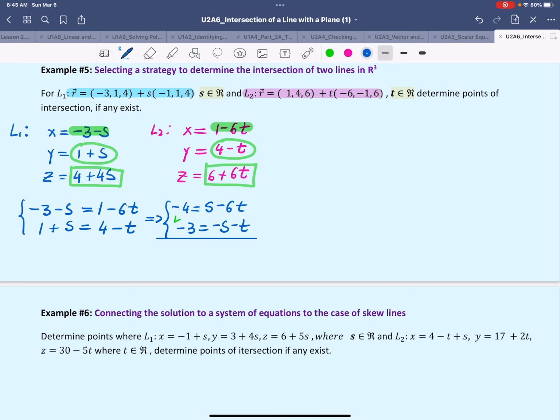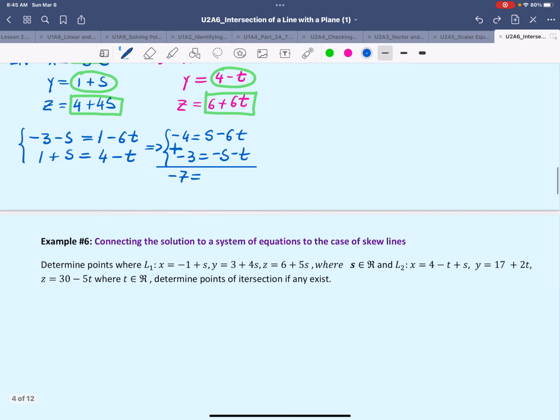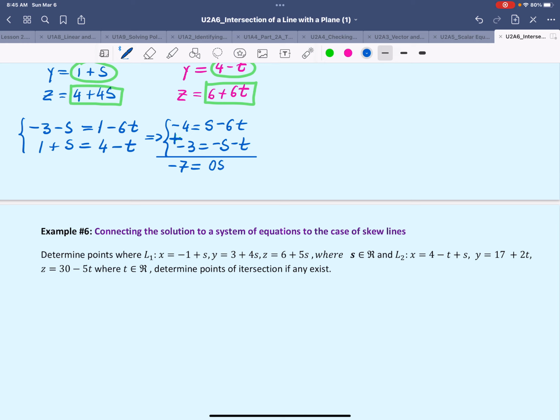So 4 plus -3 is -7. S plus -s is 0s. And -6t minus 1t, -7t. So t value must be 1. Therefore, the value of s will be, we can choose either equation.